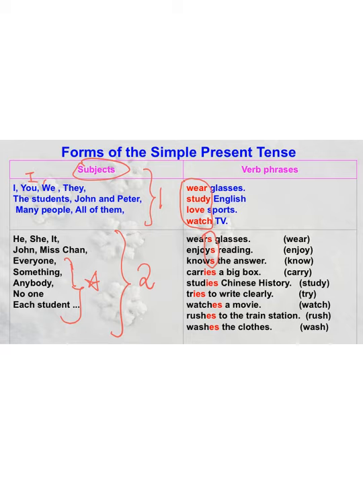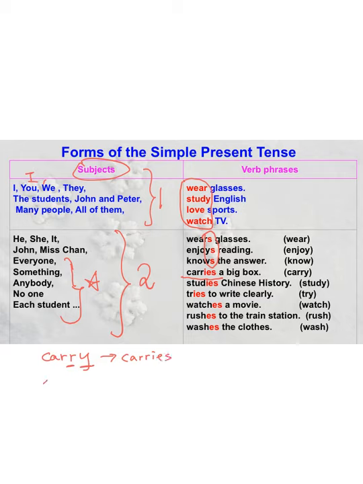Situation 1. When the verb ends in a consonant and y, we need to change y into ies. Example, carry. This verb ends in a consonant r plus y. Therefore, we have to change it into carries. Y becomes ies.